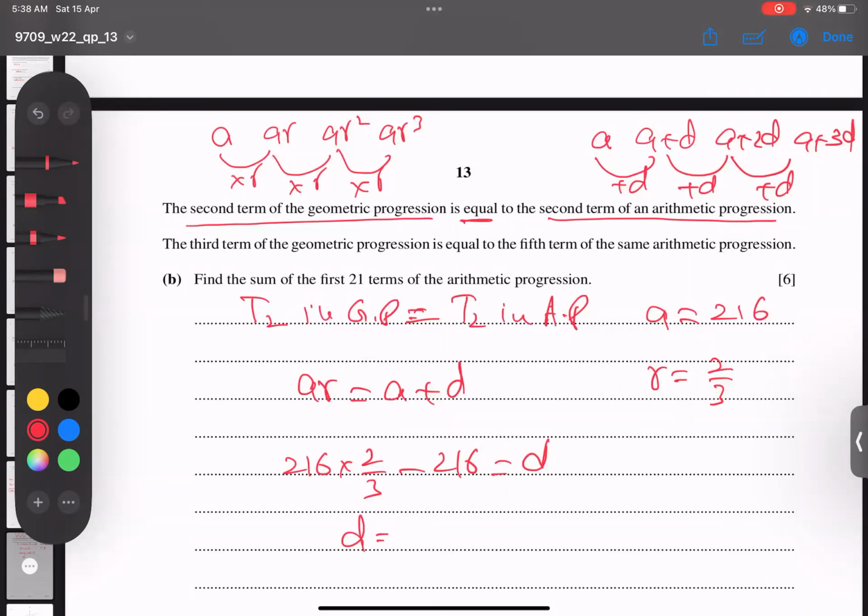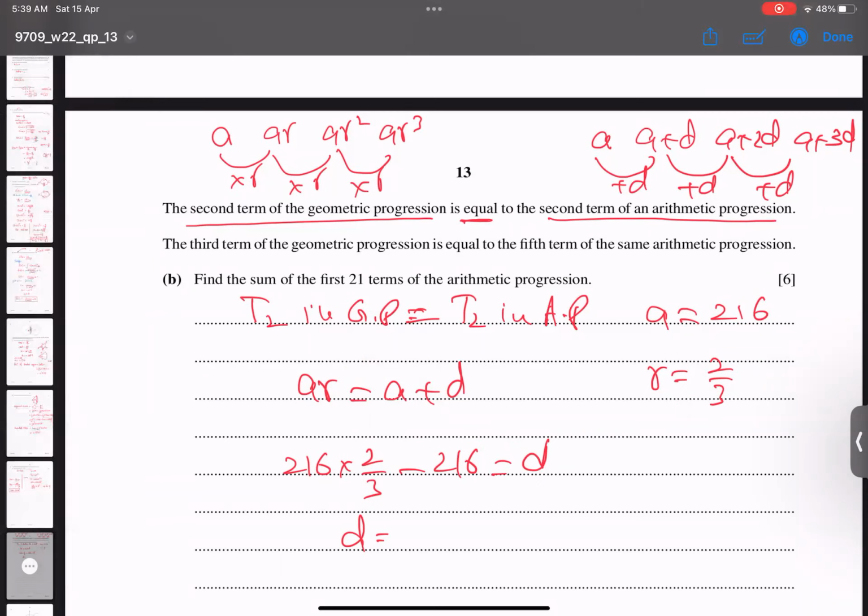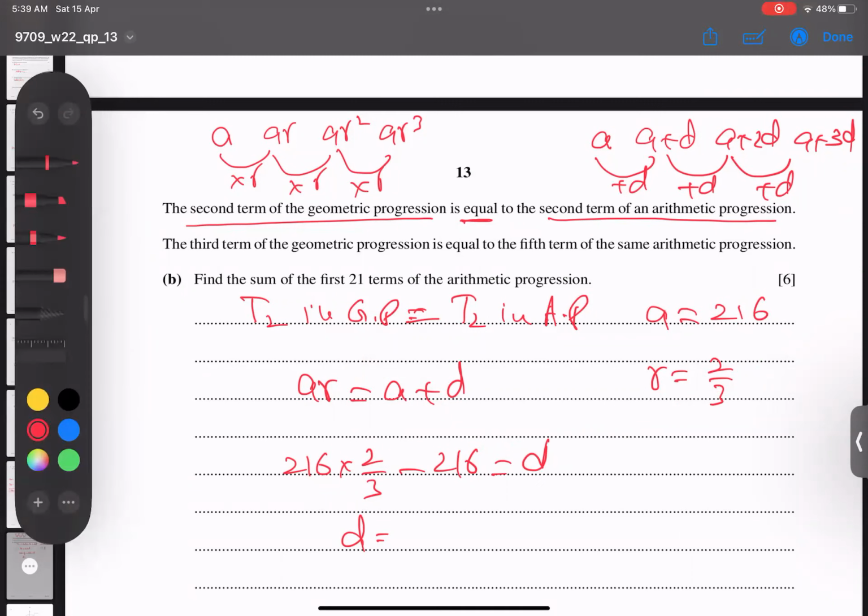So 216 into 2 by 3 minus 216. I'm getting negative 72. Let me recheck again. So the A value, I think, is correct. The AR, second term, is it okay or not? What I'm writing here, I think this is okay.